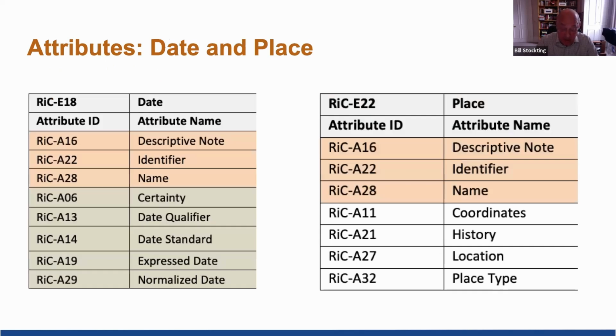The date entities also have the date qualifier attribute to indicate the precision of a date, and attributes to enable the capture of normalized versions of the date for machine matching and processing. Finally, the place entity has a history attribute and a specific type attribute, as well as attributes to allow the definition of the territory covered by a place as a text-based location, such as an address, as well as precise geographic coordinates.